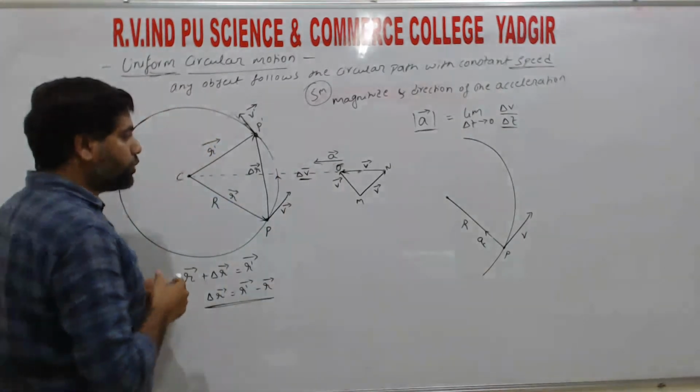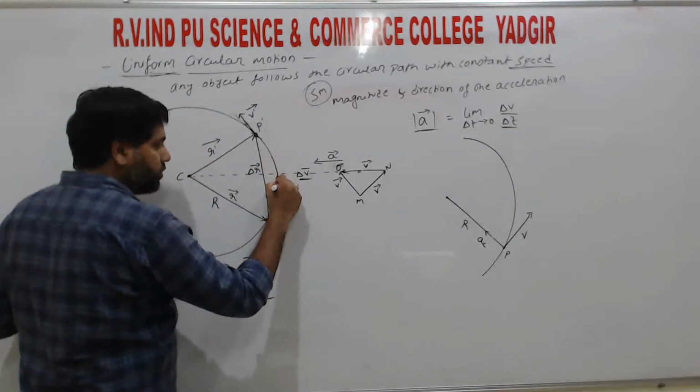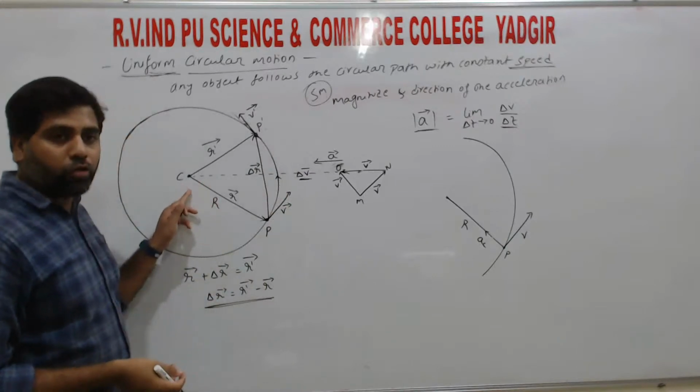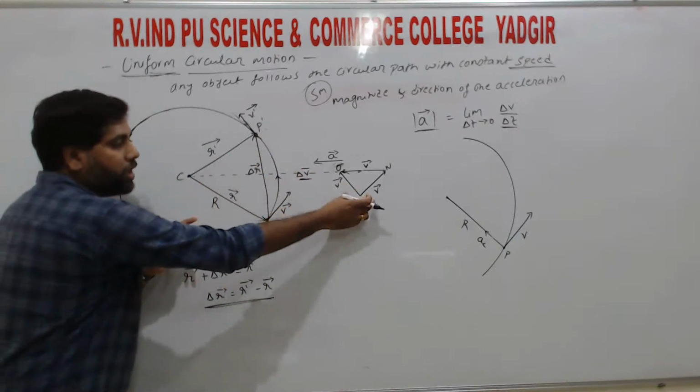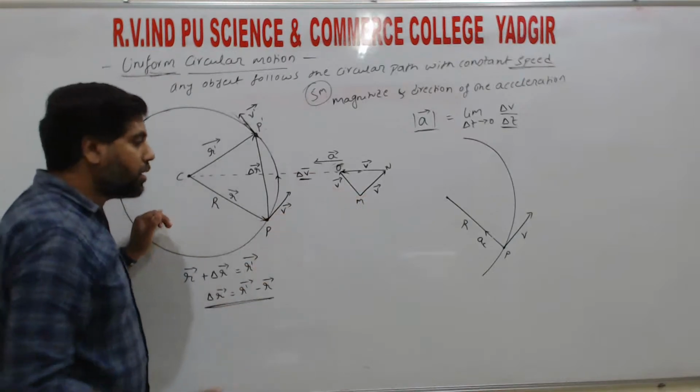For derivation purposes, only considering one case. So considering two triangles, because this triangle is similar to the velocity vector diagram.